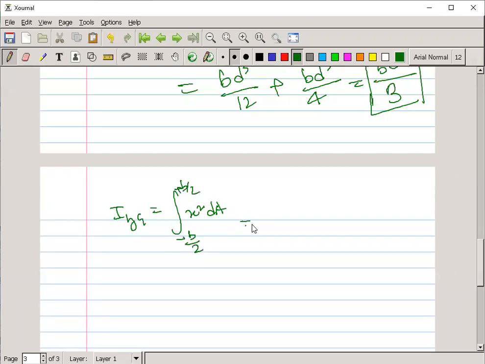You will get d b cube by 12, and with respect to the edge, I of y is I of yg plus area into b by 2 whole square. Why b by 2?